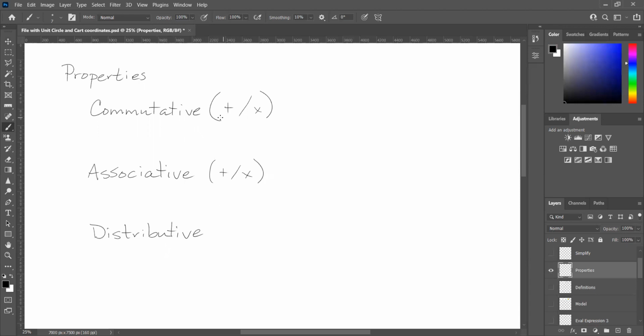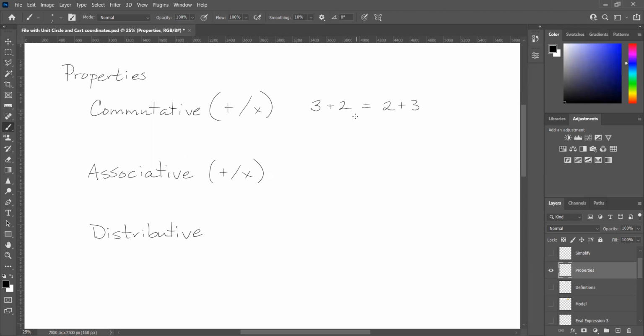Let's see what we're talking about. With commutative property, thinking about a commute, you're talking about your trip from home to work or vice versa. So it's kind of how it moves from one thing to the other. And that's what we see with the commutative property. As it turns out, 3 plus 2 is 5. And that's the exact same thing as 2 plus 3.